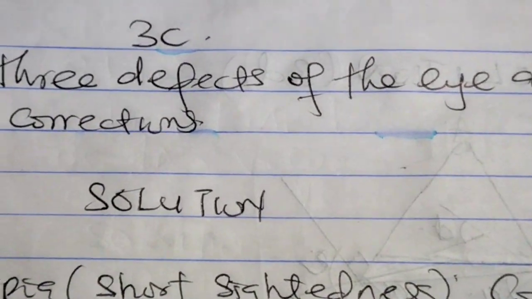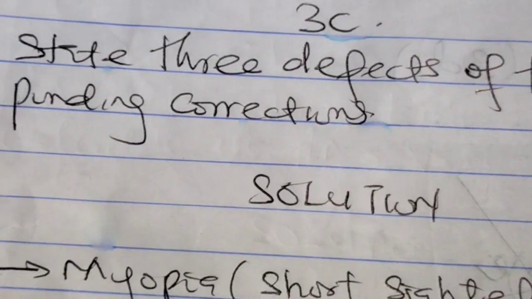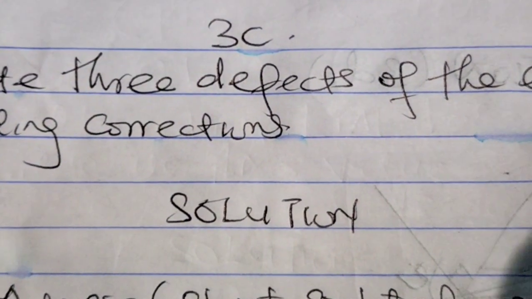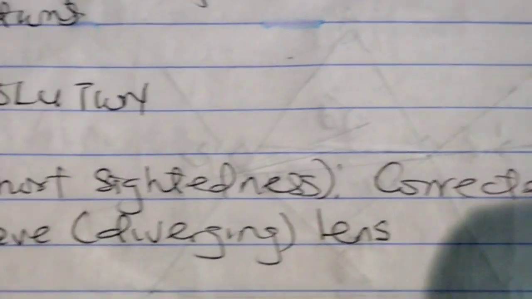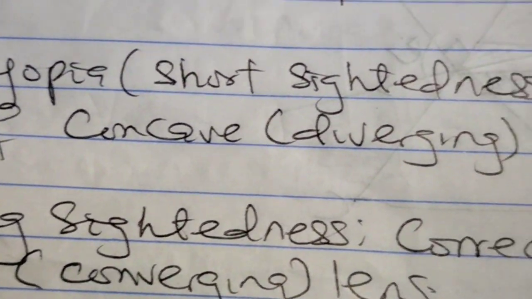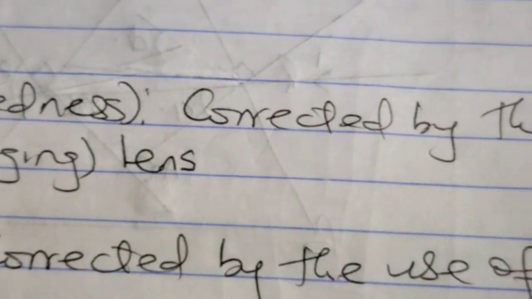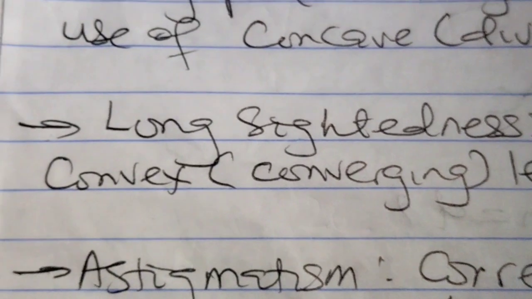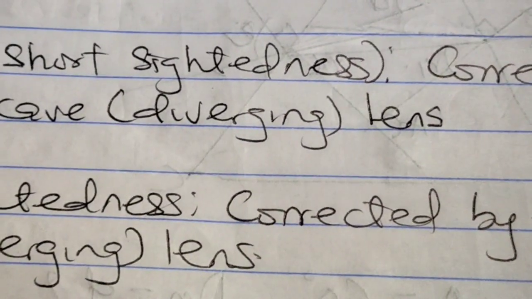We'll now go to question 3C that says state three defects of the eye and their corresponding corrections. Solution, we have myopia, short-sightedness, corrected by the use of concave or diverging lens.